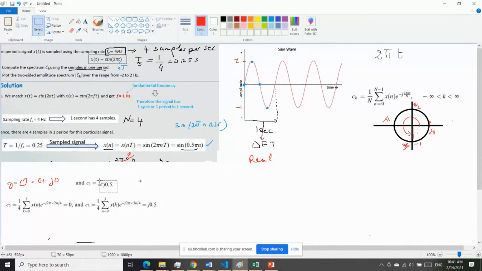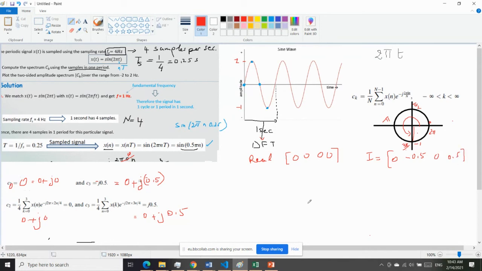Here you only have an imaginary part, as if you say the real part 0 minus j 0.5, meaning the real part is 0 and the imaginary part is minus a half. Here the same, it is 0 plus j 0.5, meaning the real part is 0 and the imaginary part is 0.5. So if you want, the real part will be the sequence 0 0 0 0, nothing there. The imaginary part will be the sequence 0, minus 0.5, 0, 0.5.